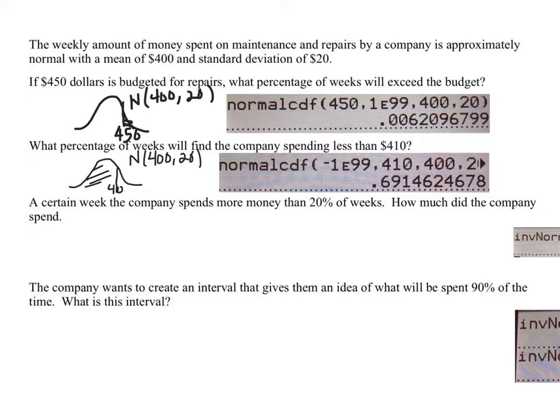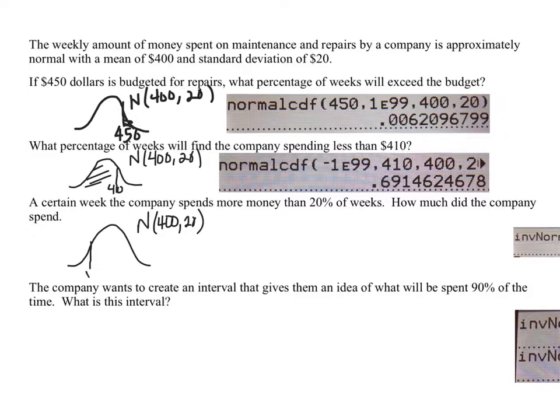A certain week, the company spends more money than 20% of weeks. Okay, so let's draw our picture. Normal, 400, 20. And we're spending more than 20% of weeks. So it's below average here because the average, again, would be you spent more than half the weeks. So only 20%.